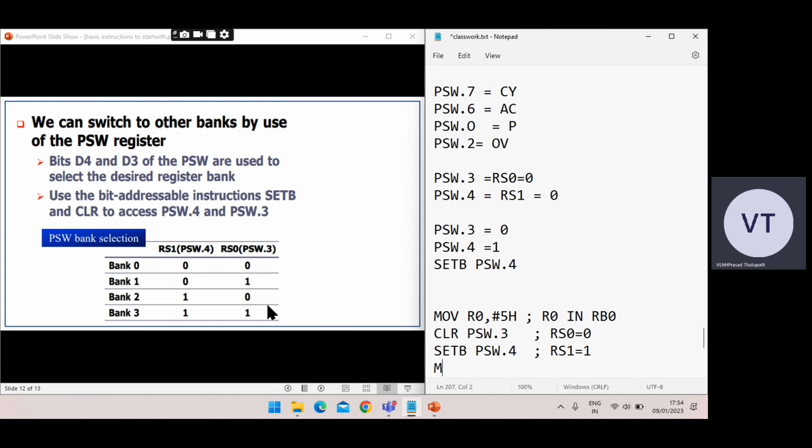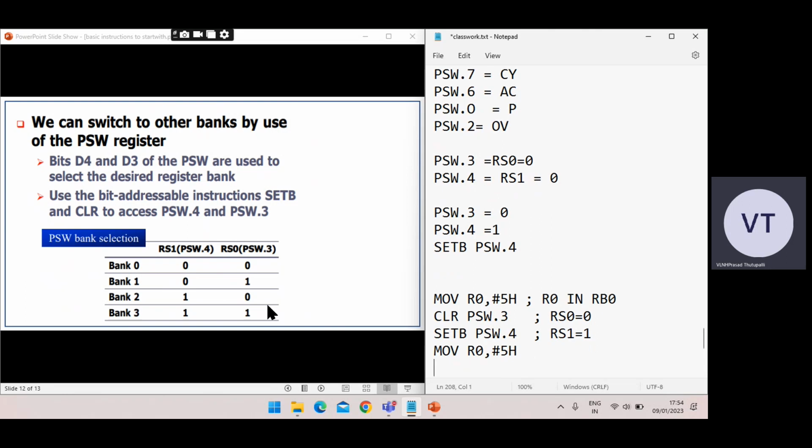Now if you write MOV R0, #5H, the instruction is the same. I have written the same instruction here. What is the difference between this and this? This R0 is the register R0 in bank 0, and this R0 is R0 in bank 2, in RB2.